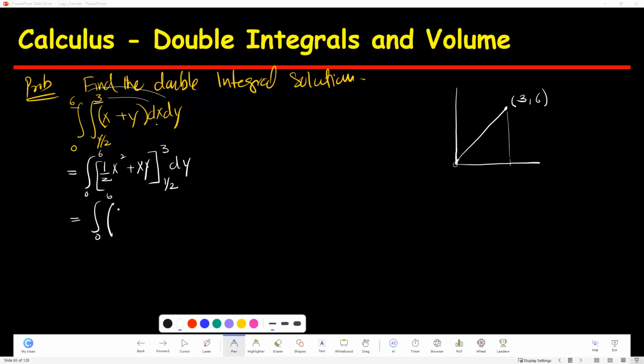3, so it's going to be 3 squared, 9 divided by 2, and 3 times y is 3y, minus, if I substitute y by 2. Let's say one more time, y divided by 2.